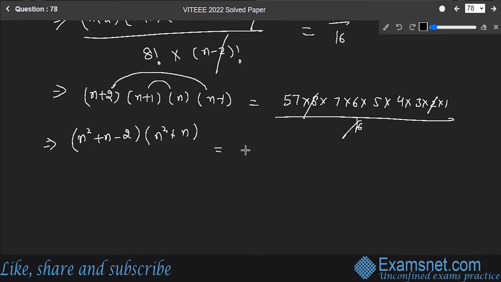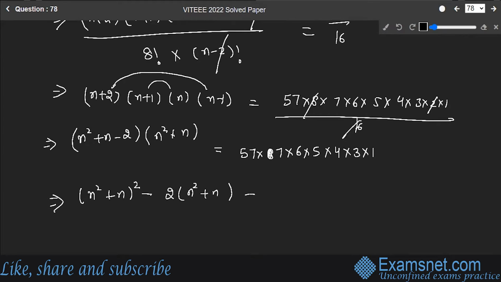That is equal to 57 into 7, 6, 5, 4, 3, 1. So now this can further be written as n square plus n whole square minus 2 into n square plus n plus 1. If you multiply all of them, you will get 143,640. Okay, and adding this one extra on both the sides.